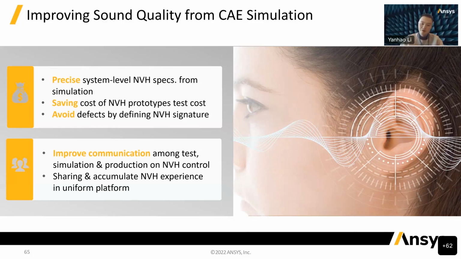I believe this kind of workflow can help you very quickly understand the NVH performance of your product in very early design phases, saving the cost of NVH prototypes and avoiding defects at a very early stage. So I believe the benefits are really obvious here. That's the part I will share today on Ansys Sound. So I will give the ball back to Santosh.